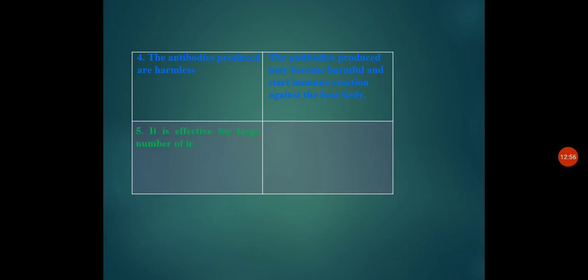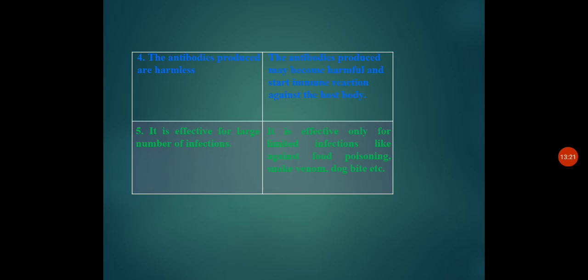Next, active immunity is effective for a large number of infections. There is no specificity. It is quite multiple, you can use it. Whereas in case of passive, it is effective only for limited infections, like against food poisoning, snake venom, dog bite. For each of them there is a specific antibody.